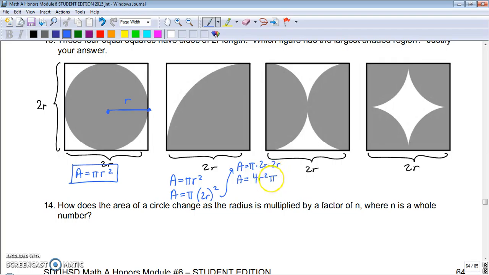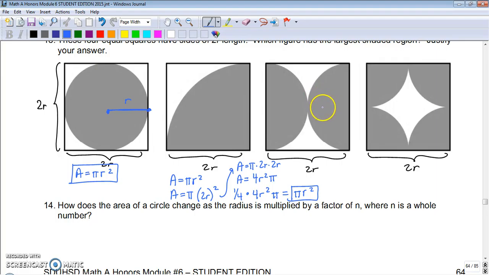The other thing I need to take into consideration is that this is not a full circle. It's part of a circle, and so I'm going to take that area and multiply it by a quarter. And when I simplify that out, I actually get pi r squared again, which is what I got on the first shape. So in fact, these areas are equal.